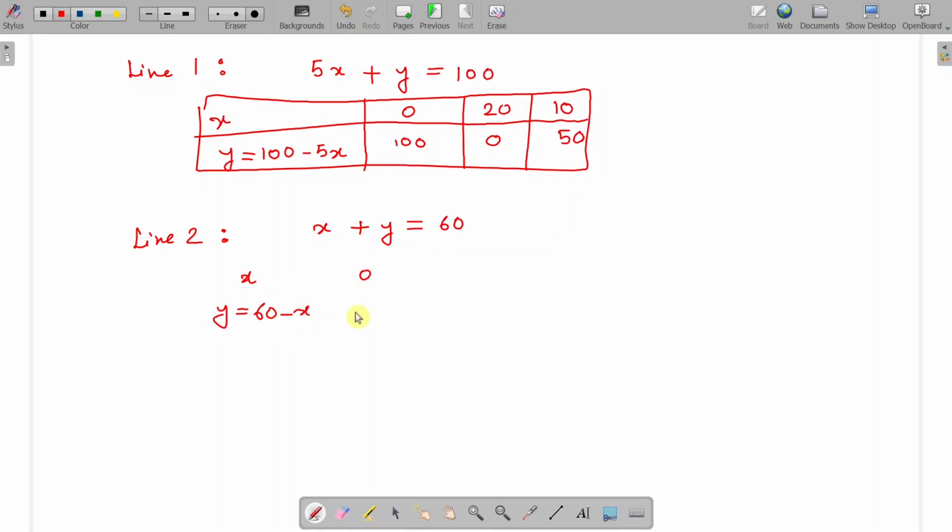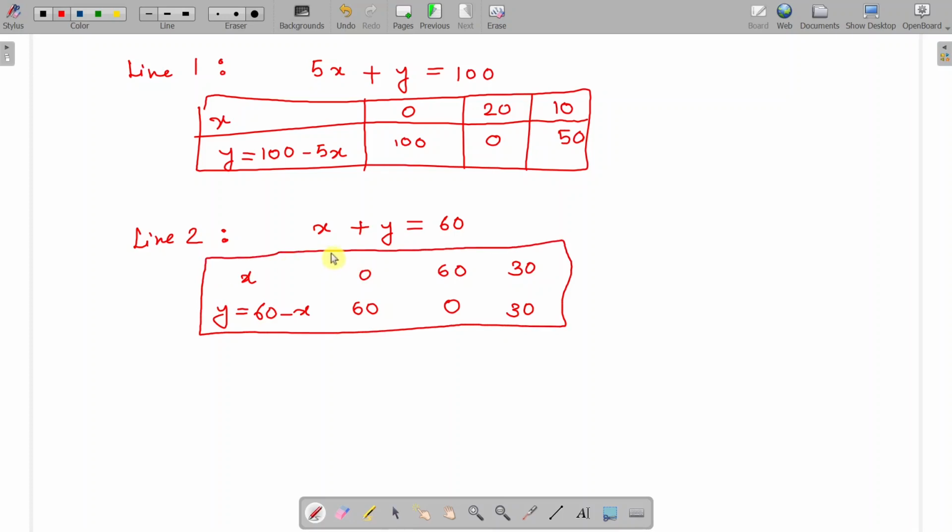So if x is 0, y will be 60. If x is 60, y will be 0. Then if x is 30, y will also be 30, right? So this is line 2, and this is the table for line 2.